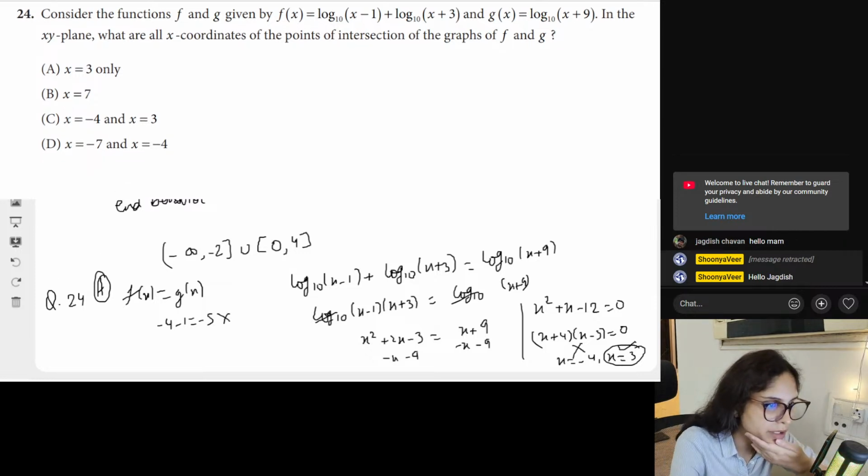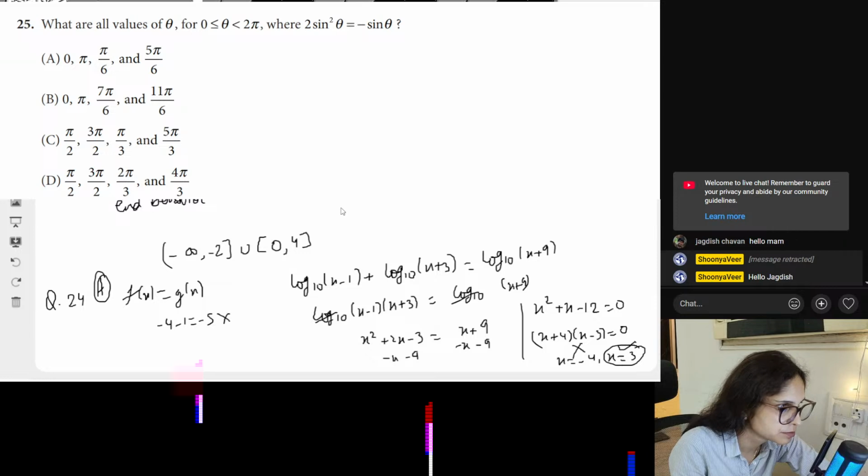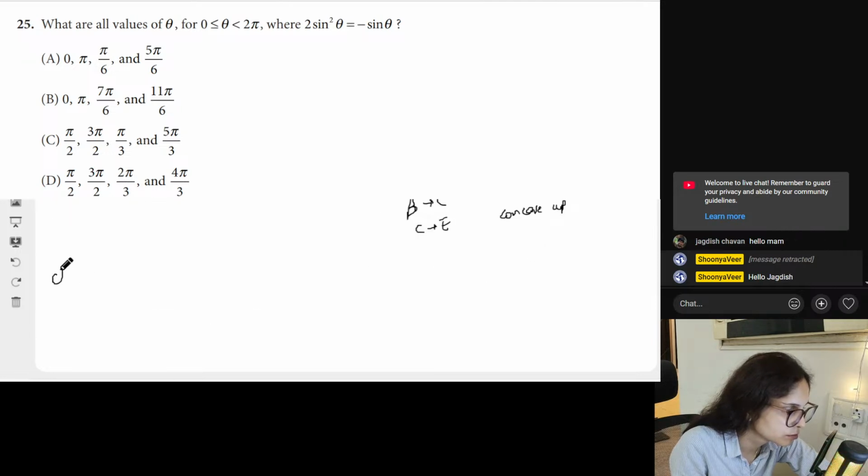Four more questions remaining. You have to find all the values where 2 sine square theta is equal to negative sine theta. Two sine square theta is equal to negative sine theta.